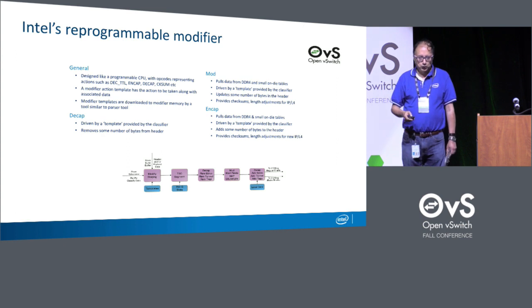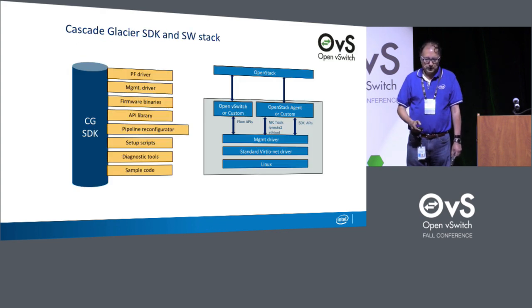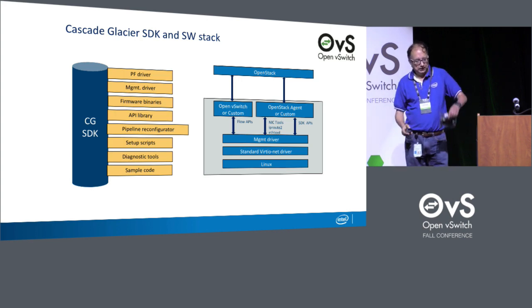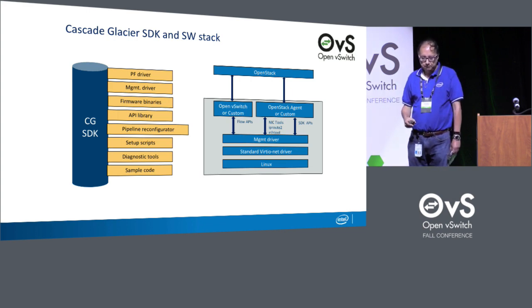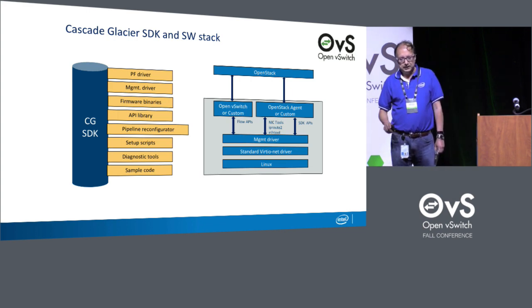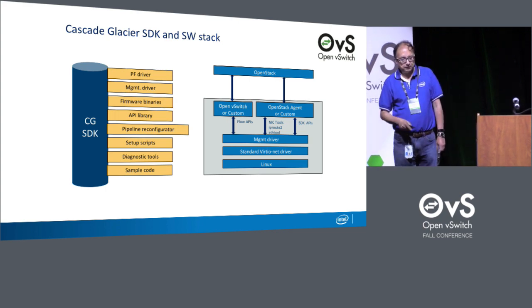And so this is really what happens in the parser and the modifier. This is how the SDK for this card and the software stack looks. We have an embedded Linux, and then embedded or enterprise Linux based on either the virtual use case or the bare metal use case.